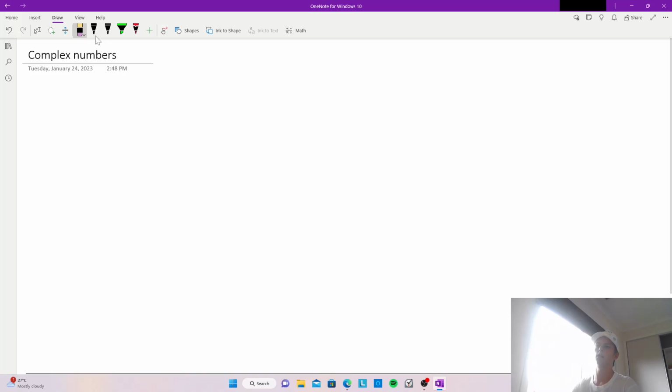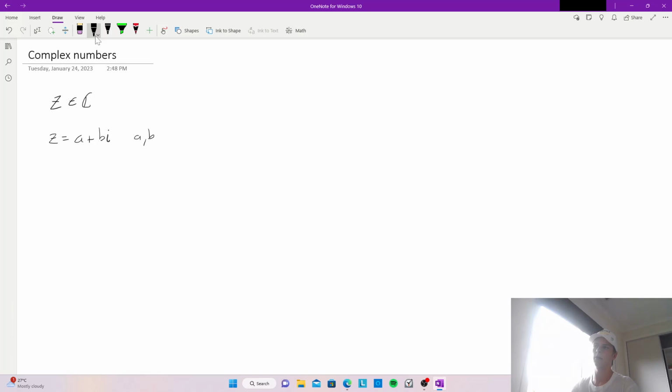Now, when you get given a complex number, it'll likely be in this form. When z is a complex number, z is equal to a plus bi, where a and b are real numbers.